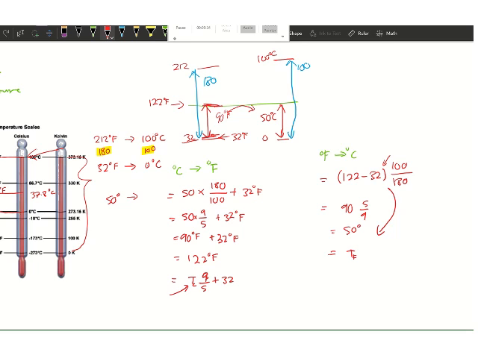So T_F minus 32. All this is fixed, only the T_F depends on the particular temperature you are referring to. The 32 is a constant value. Then you multiply by 100 over 180, which simplifies into 5 over 9. That would be the equation.